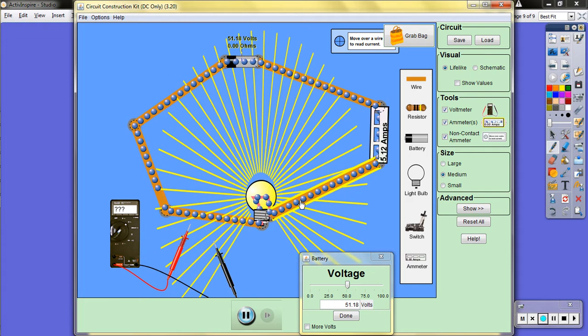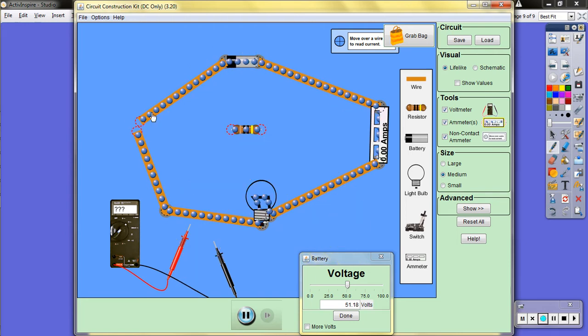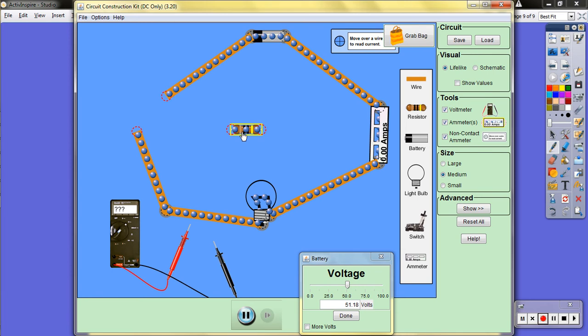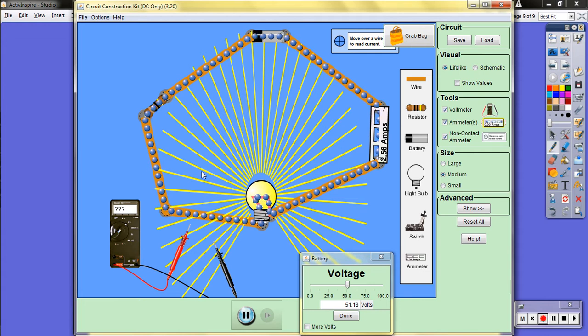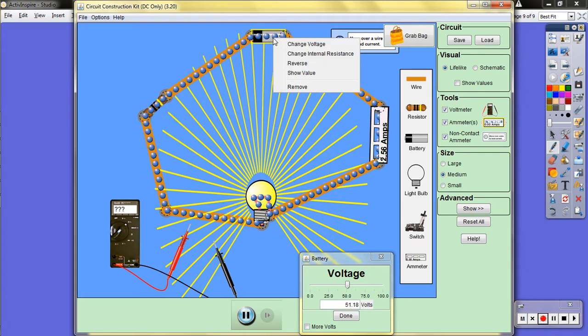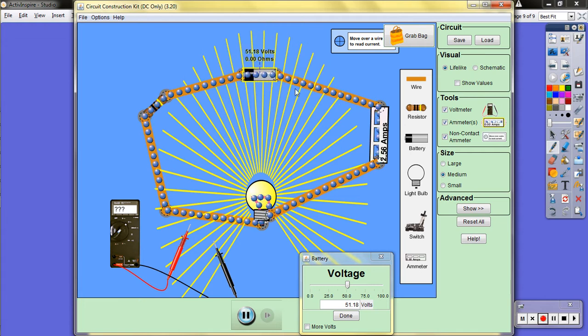Now, what I can do is slow down how fast those electrons are moving using a resistor. And all a resistor does is add a bottleneck. So it just says, slow down everybody. So my resistor slowed down my flow of electrons. They're moving nice and fast, but my current went down to 2.56.